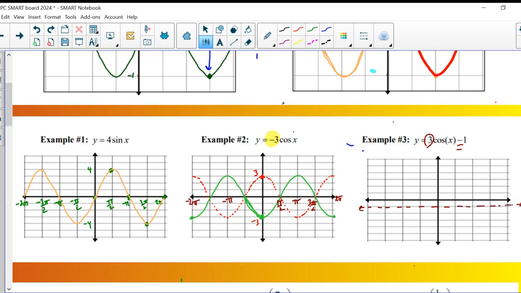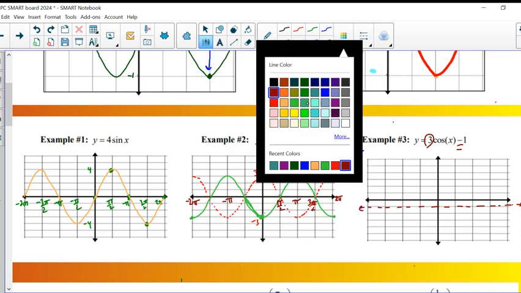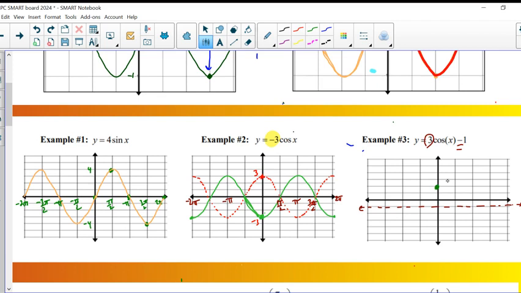So I'm 1 unit below. Now when I draw my cosine wave, I'm going to treat this dotted line as my equilibrium. So I'm going to go 3 units up from the line of equilibrium. So I'm actually at 2. And then 3 units below the line of equilibrium would be negative 4.